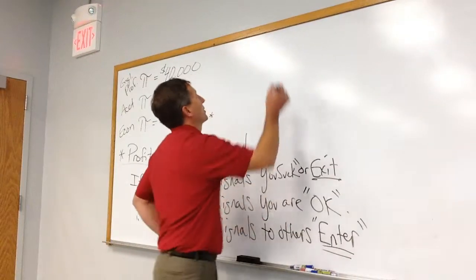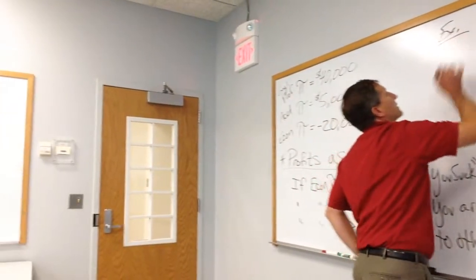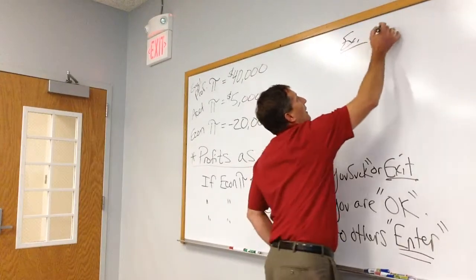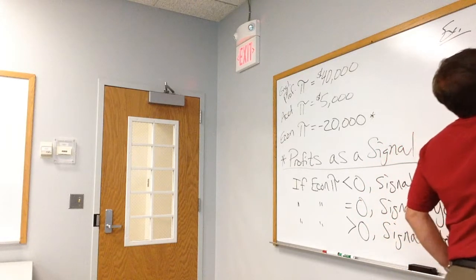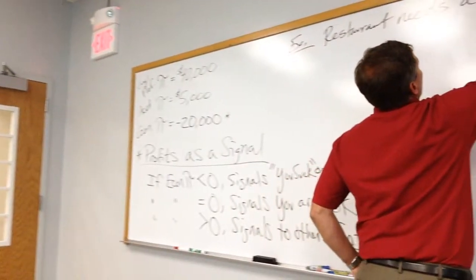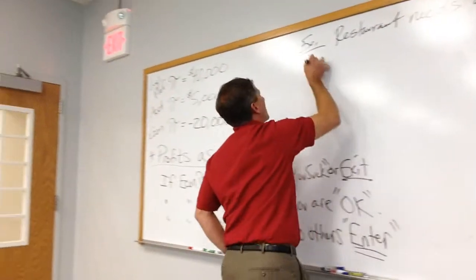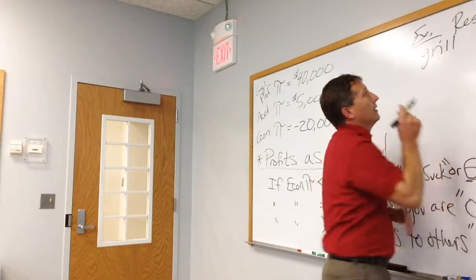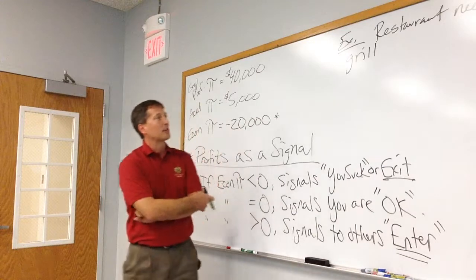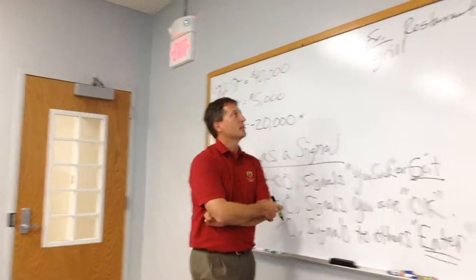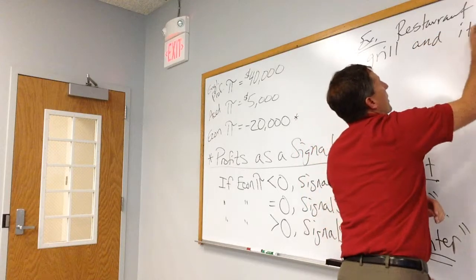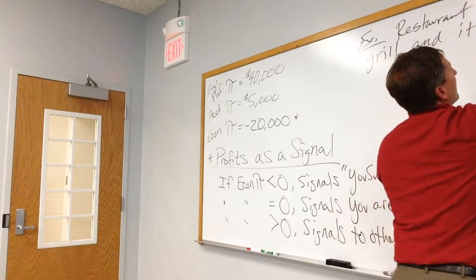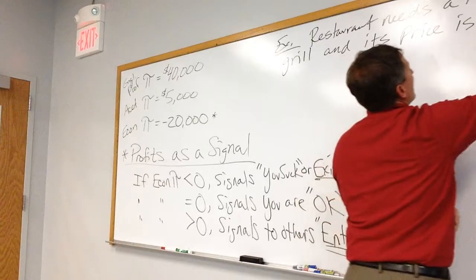Let's see, just to make sure we're on the right page, let's do another little example here. The restaurant needs a new grill. Maybe it's been up and running for a while. Maybe it's due to their expansion of the place or something, but the restaurant needs a new grill, and its price is $10,000. Bless you.